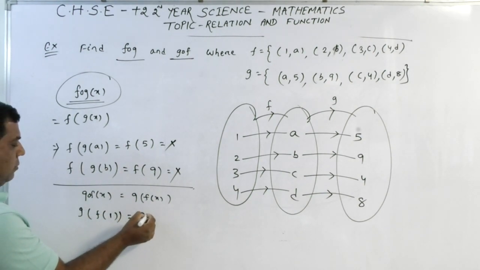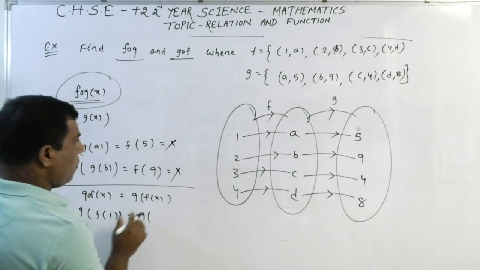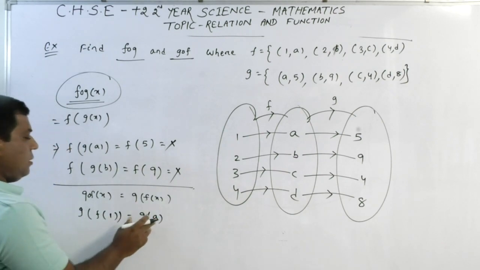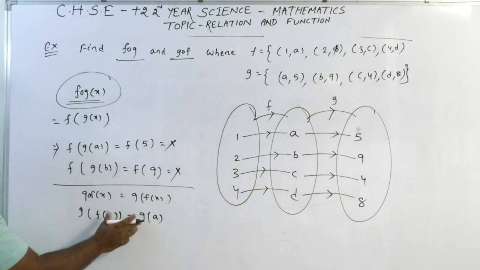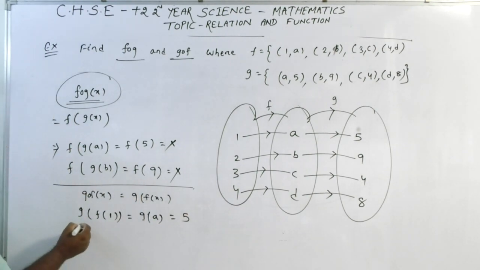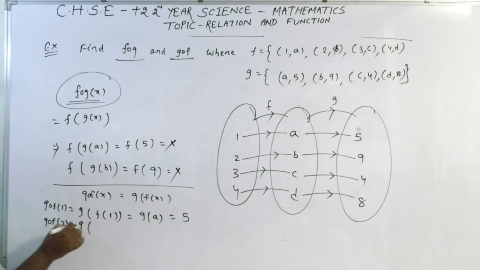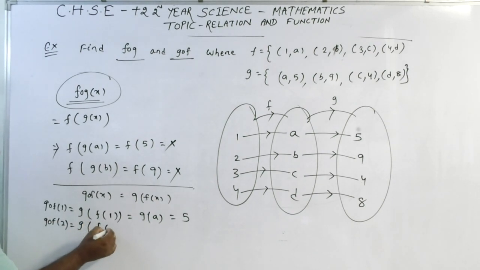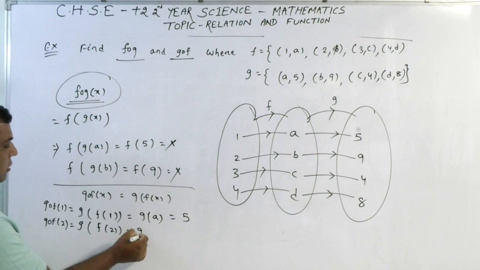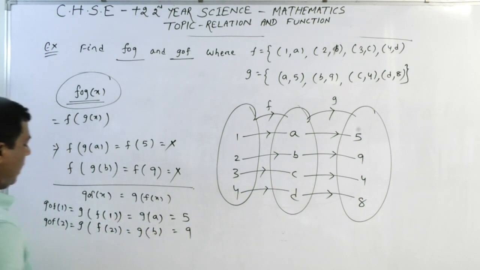So g of f of 1 means what? f of 1 is a, and you can see a is a parameter of the function g. So what is g of a? g of a is 5. Now what is g of f of 2? f of 2 is b, so it is g of b, and the result is 9.